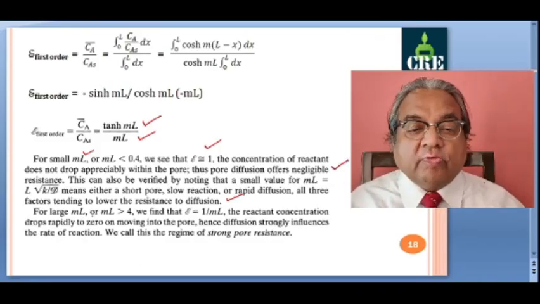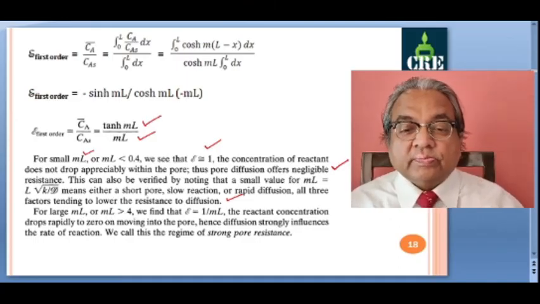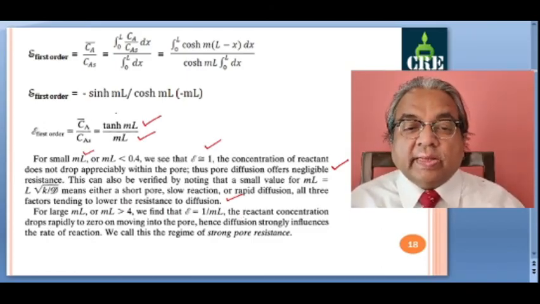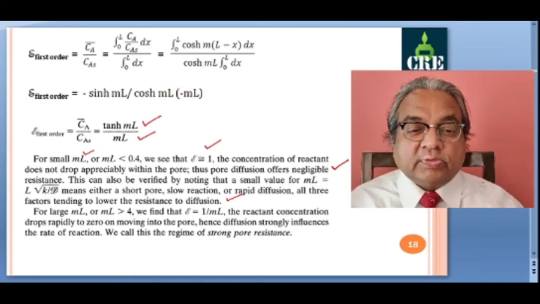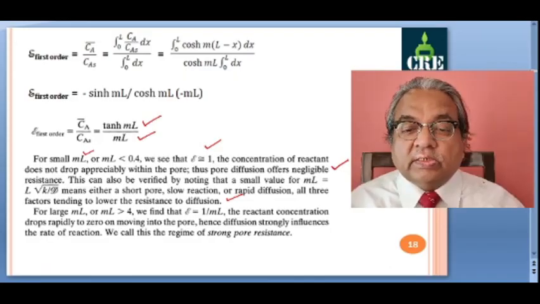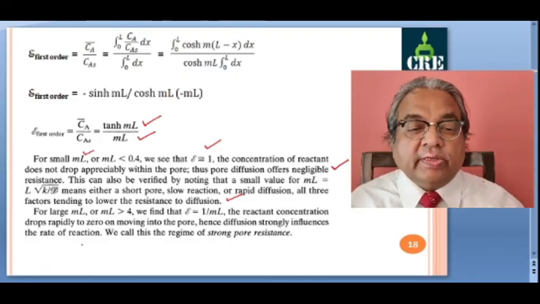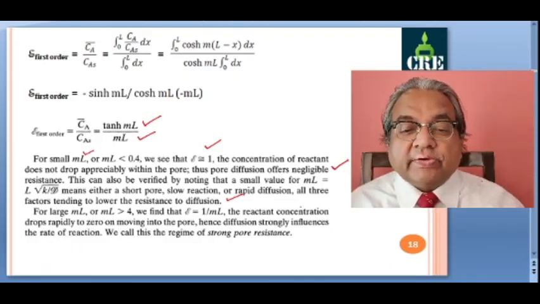For large values of mL, which are considered to be mL greater than 4, with an intermediate region in between, the efficiency is simply 1 upon mL, and this is because of the tanh function. So you can check for low values and high values what you get. The reactant concentration drops rapidly to 0 on moving into the pore, hence the diffusion strongly influences the rate.